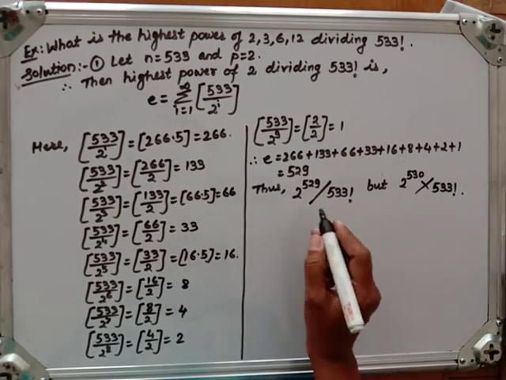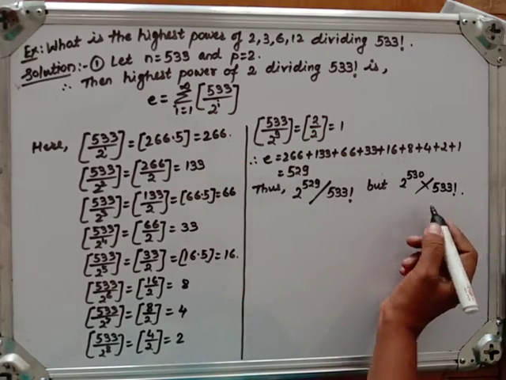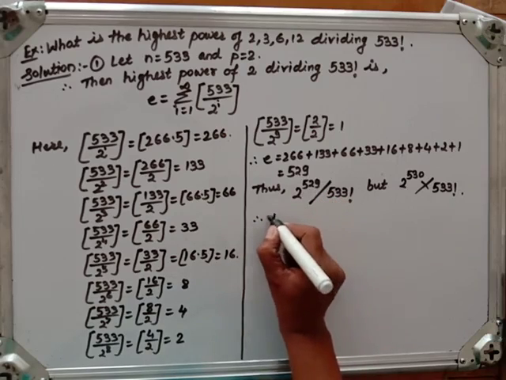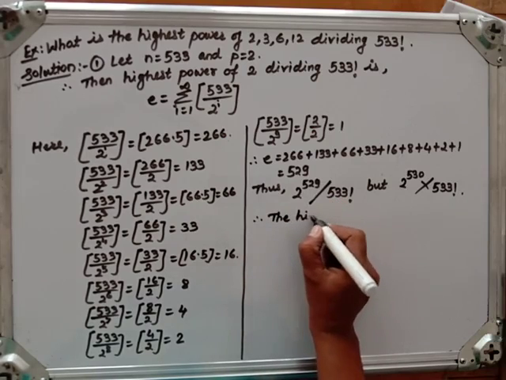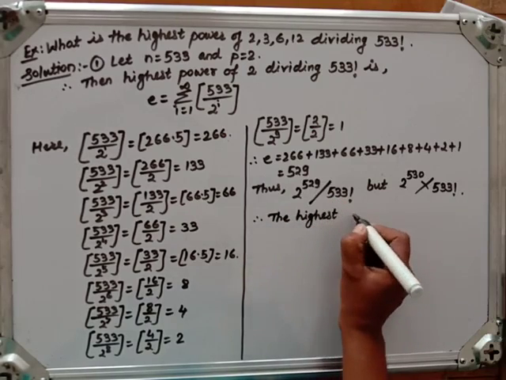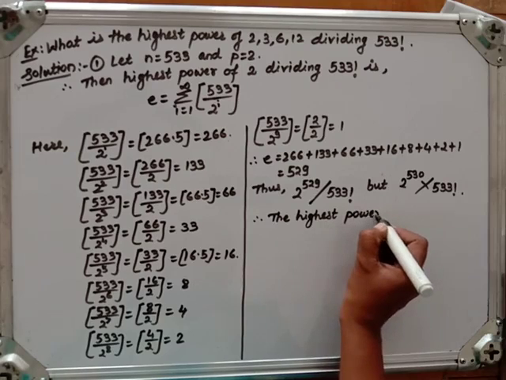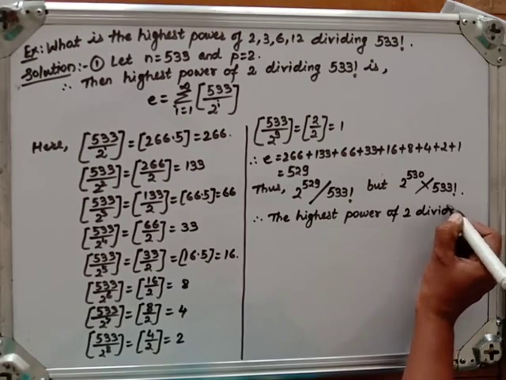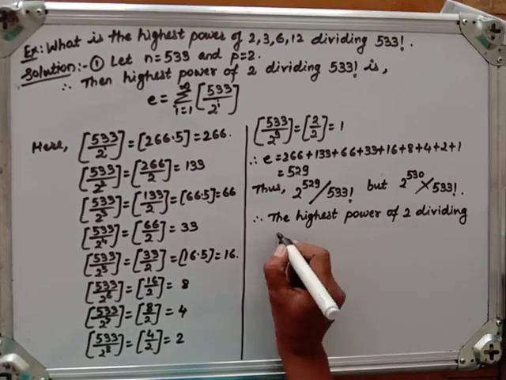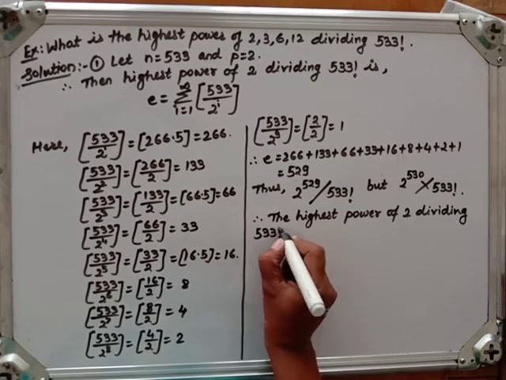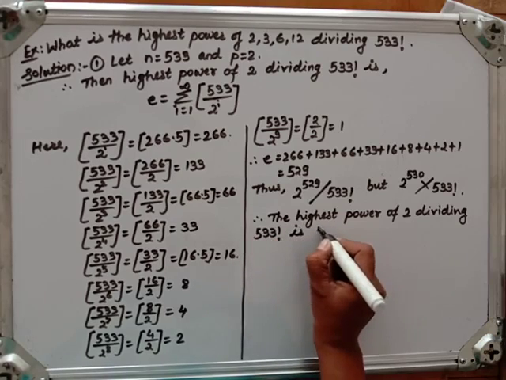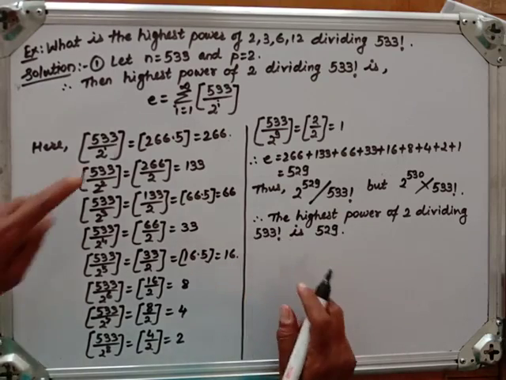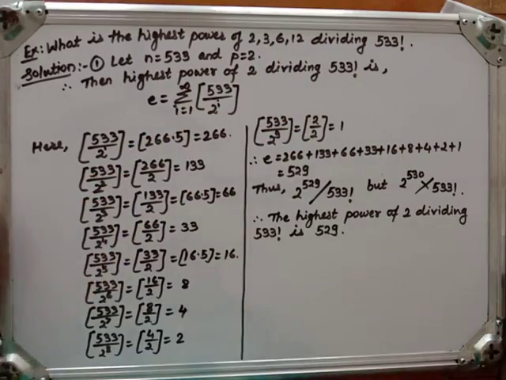So the highest power of 2 dividing 533 factorial is 529. Okay, now let's do the same for 3.